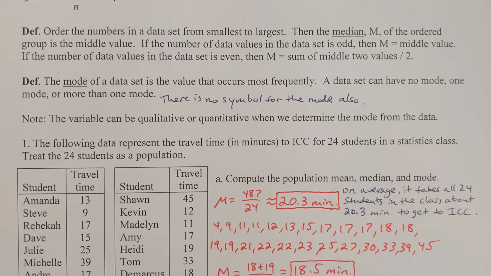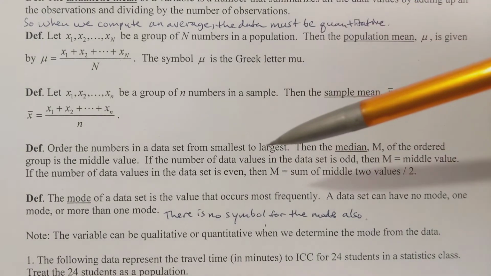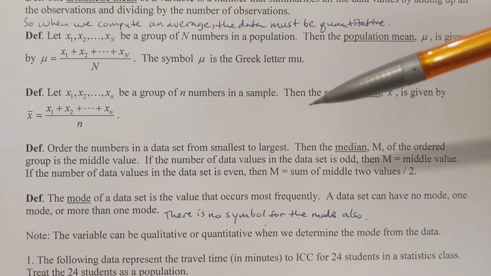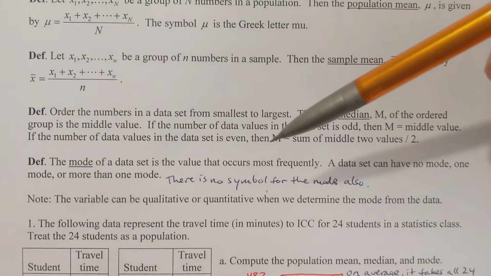So if you're just selecting the item that you see more than any other, it doesn't have to be just numbers. You know, it likely will be, but it doesn't have to be. Whereas when you compute the median or the mean, you have to have quantitative values. So keep that in mind there.